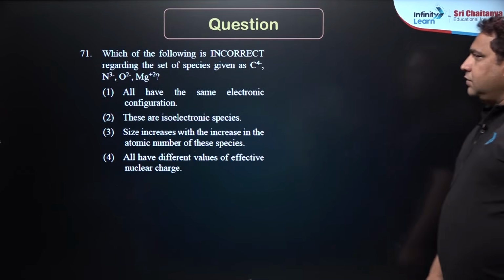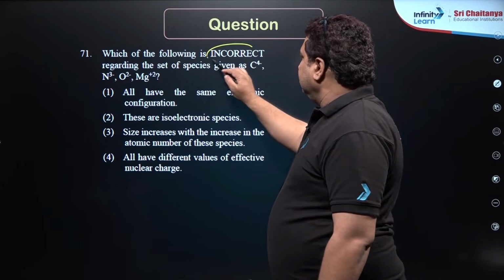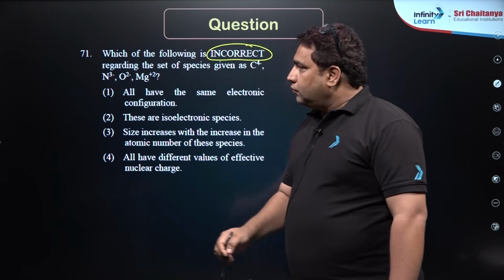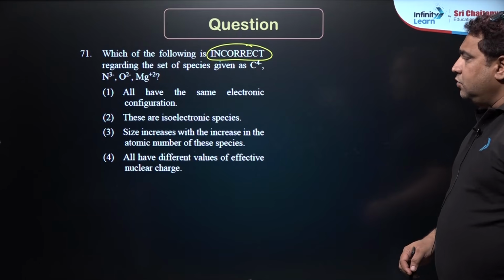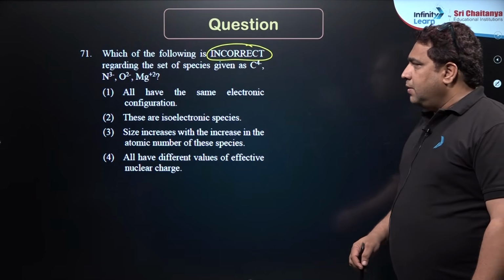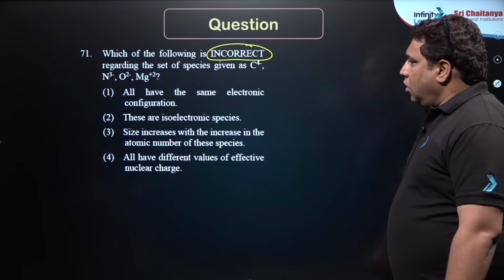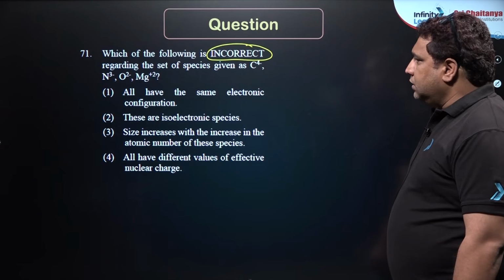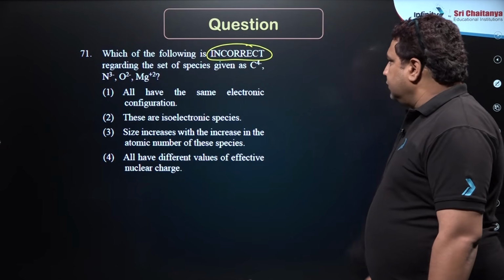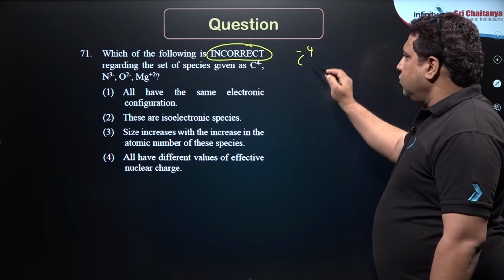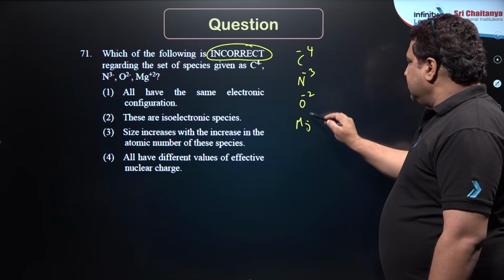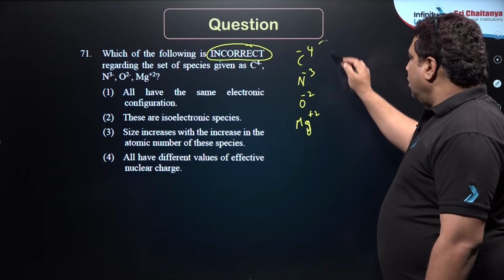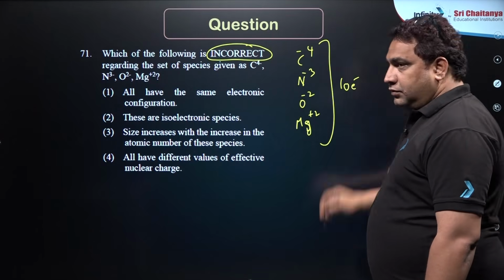Next, which of the following is incorrect regarding the species given: C minus 4, N minus 3, O minus 2, Mg plus 2. All are isoelectronic. Yes. So C minus 4, N minus 3, O minus 2, Mg plus 2, all of them will have 10 electrons.